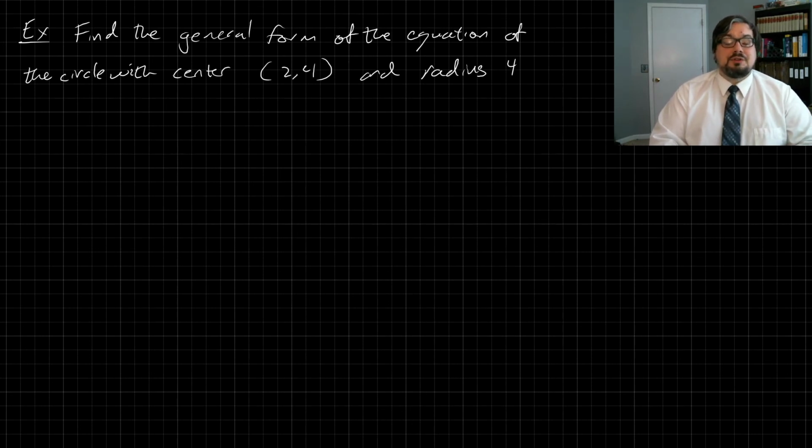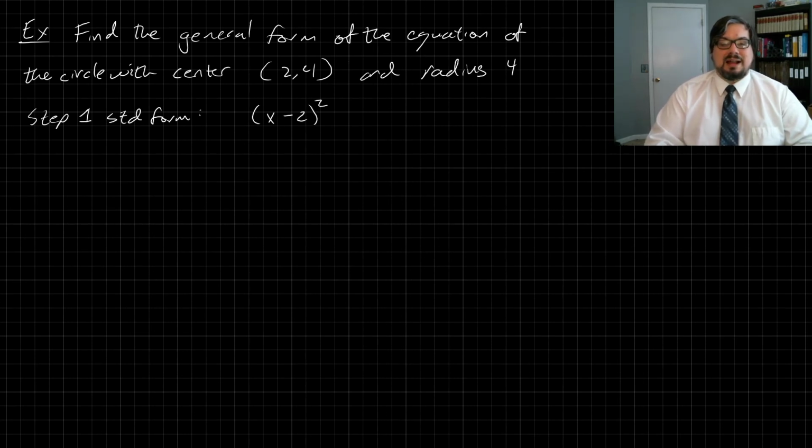So the first step is to use the standard form. The standard form of the equation of this circle would be (x − 2)² + (y − 4)² = 16, because 2 and 4 are the coordinates of the center, and 16 is the square of the radius.